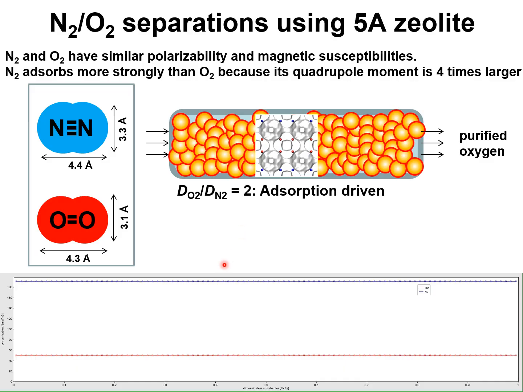Let's have a look at the simulations of transient breakthroughs in which a 21:79 mixture of oxygen and nitrogen is fed to a fixed bed adsorber at a total pressure of 6 bars.